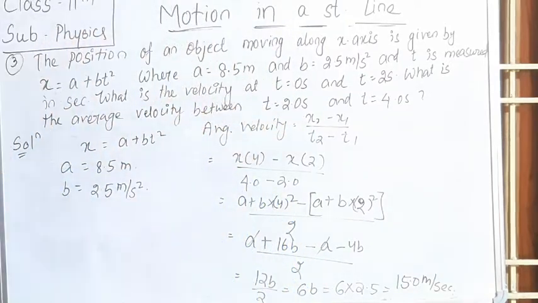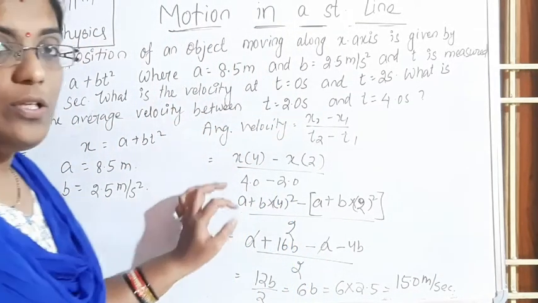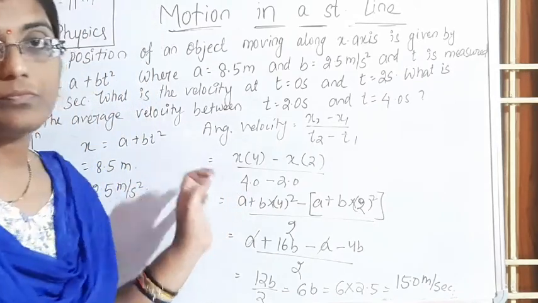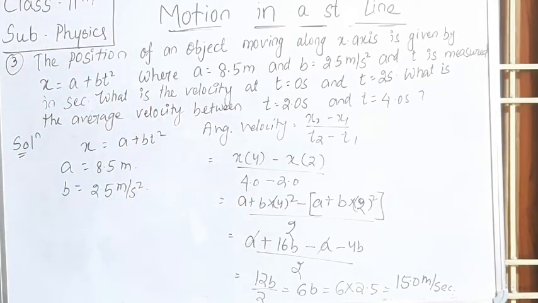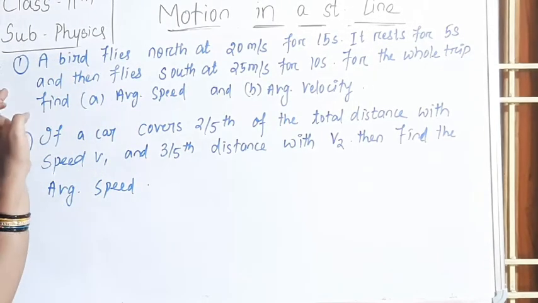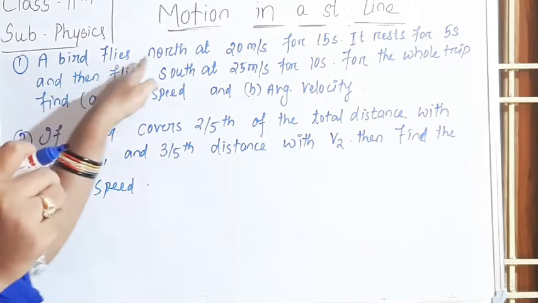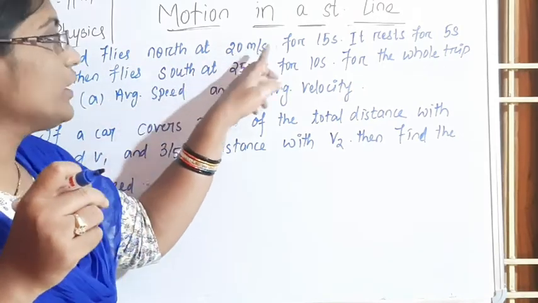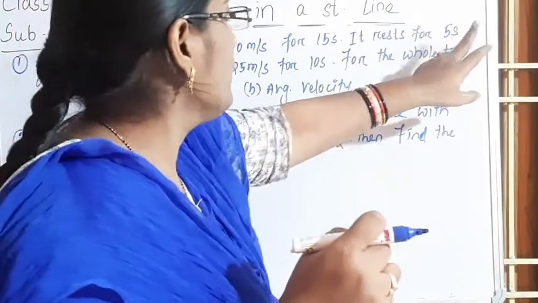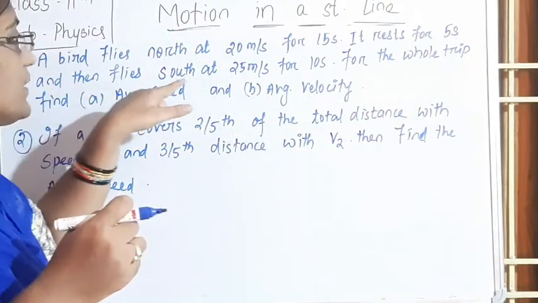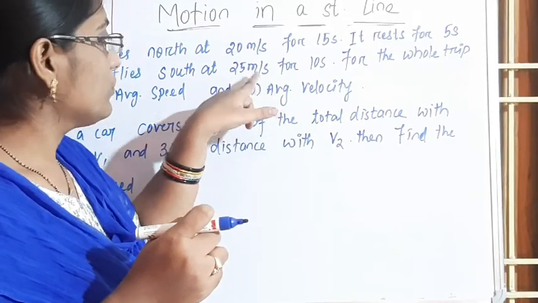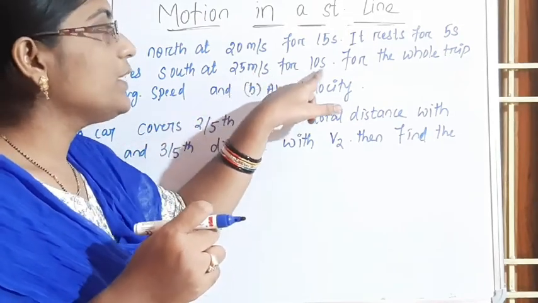Clear? Now I am giving you 2 questions you have to solve at home. In the first question, a bird flies north at 20 meter per second for 15 seconds. It rests for 5 seconds and then flies south at 25 meter per second for 10 seconds.